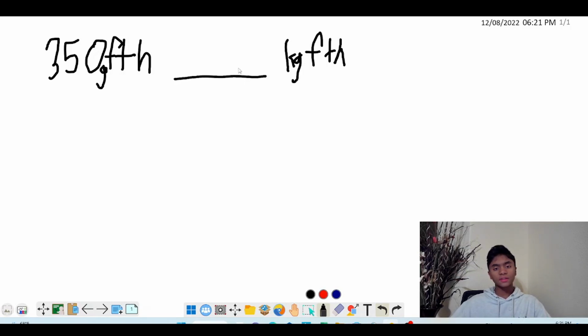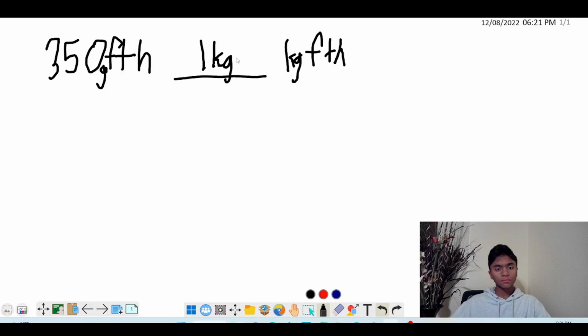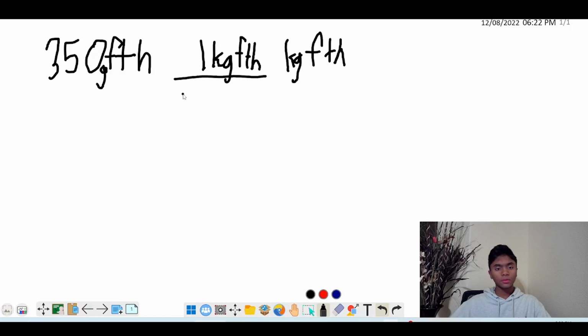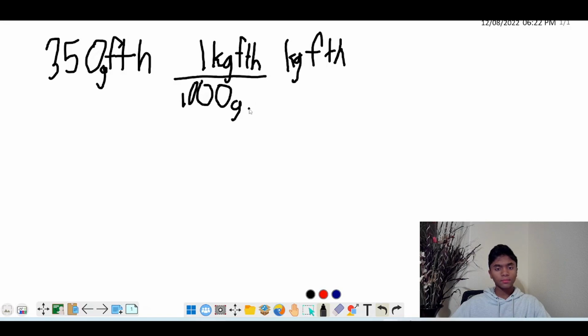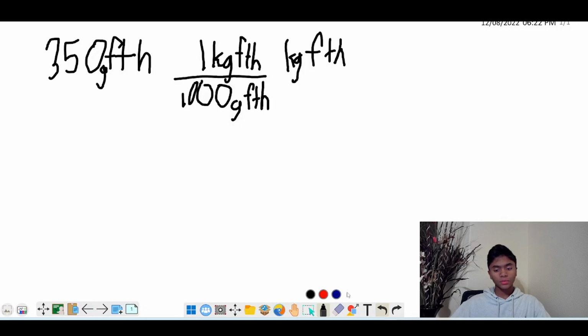So, let me write this as a fraction. 1 kilogram of feathers is equal to 1,000 grams of feathers. Let me just erase this and move it out the way a little bit.